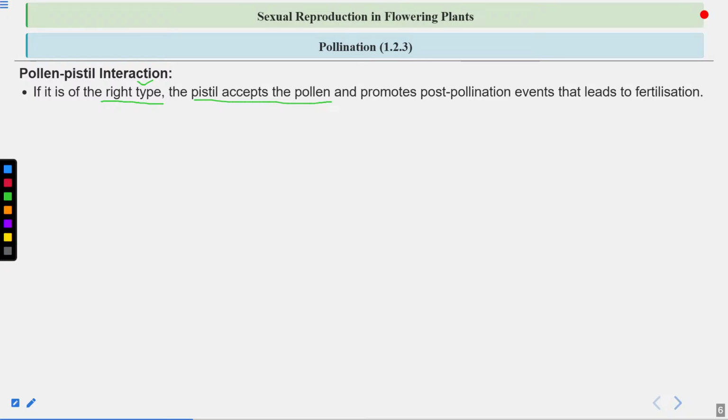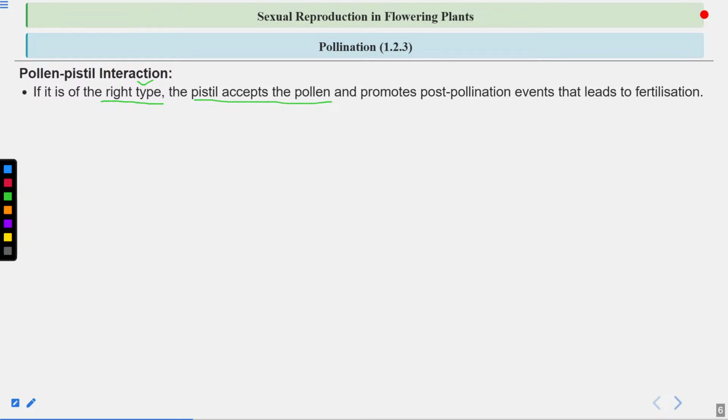Can pollen and egg of two different species fertilize? No. This was one of the conditions. The wrong type is of two kinds. The first is that the pollen is of a different species. Second, if they are of the same species, they should have different alleles, S1 and S2.